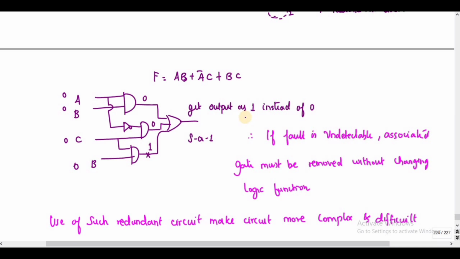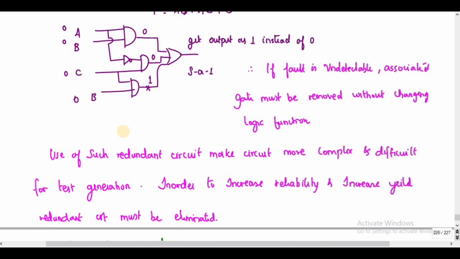Therefore this fault is undetectable, and the associated gate, that is the redundant gate, must be removed without changing the logic function. The use of such redundant circuits makes the circuits more complex and difficult for test generation. In order to increase the reliability and the yield, the redundant circuit must be eliminated.